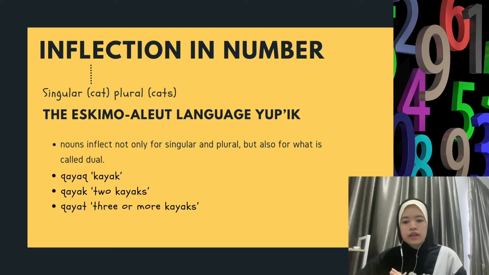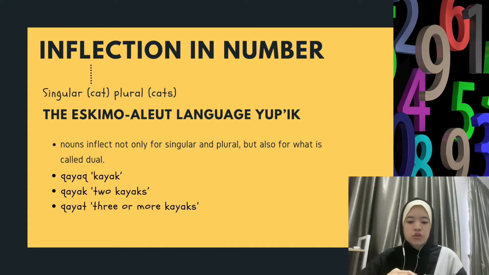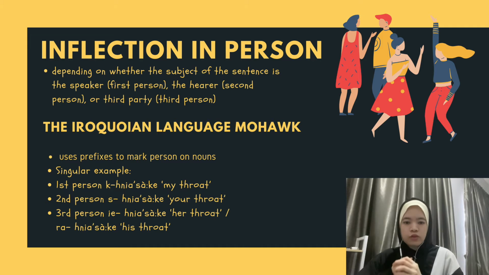For example, in the Eskimo-Aleut language Yupik, nouns inflect not only for singular and plural, but also for what is called dual. This is a number marking that means two. For example, the word kayak means one kayak, kayak with the dual marking means two kayaks, and kayak with the plural marking means three or more kayaks.